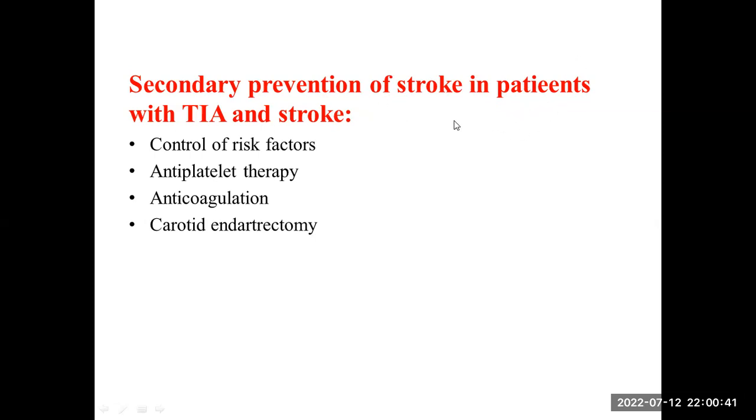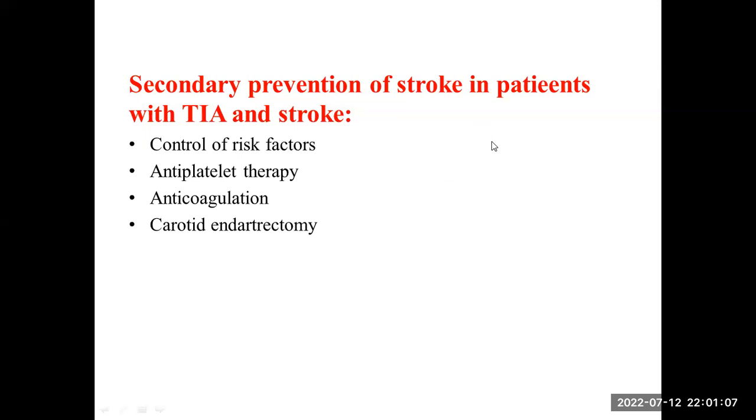They address this point more than the NICE guidelines. They advise that the target LDL-C should be less than 70, and you should achieve this target even if it's not controlled on atorvastatin alone. They recommend starting with high-dose atorvastatin 80 milligram, and if the target is not achieved during follow-up, you should add another lipid-lowering agent, and they prefer ezetimibe as the next drug to be added.